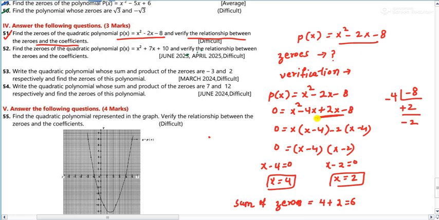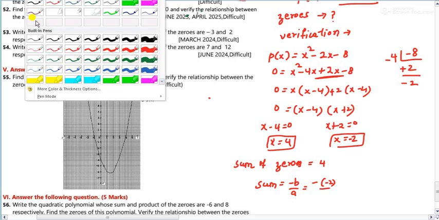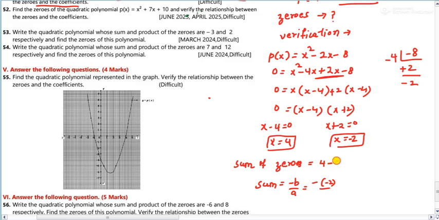Exactly, this is plus 2, right? So you should take that as plus 2, then x minus 4. So this is x minus 4, this is x plus 2. So x, one is 4 and the other is minus 2. Now it's correct. So what is 4 minus 2? It is 2 itself, right? Yeah, so 2. And here, using the coefficient also, you are getting the same. So sum has been verified. Any doubt?